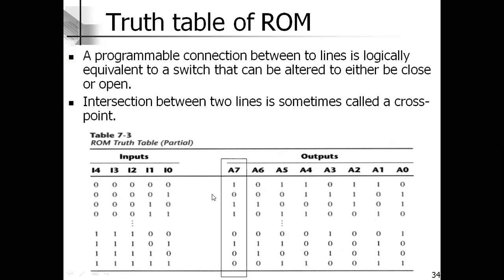So this is the truth table. These are the input values and these are the output values. Inputs are I0, I1, I2, I3, I4, and these values are from 0 to 31, their equivalent binary values, 00000 up to 11111. Outputs are your wish.